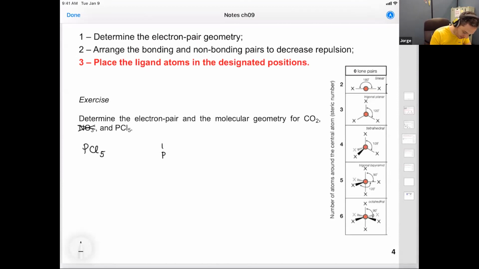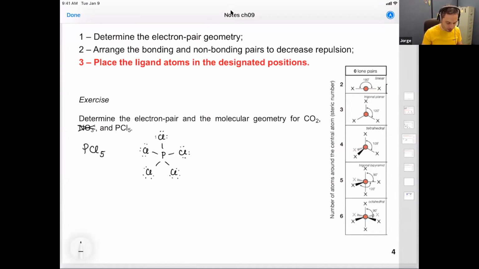For this step, it doesn't matter how we organize the bonds in the space. So according to the octet rule, PCl5 is an example of octet expansion for the central atom. So we are going to have phosphorus in the middle, surrounded by 5 atoms of chlorine, and the leftover electrons are going to be used to fill up the octet of the chlorine atoms.